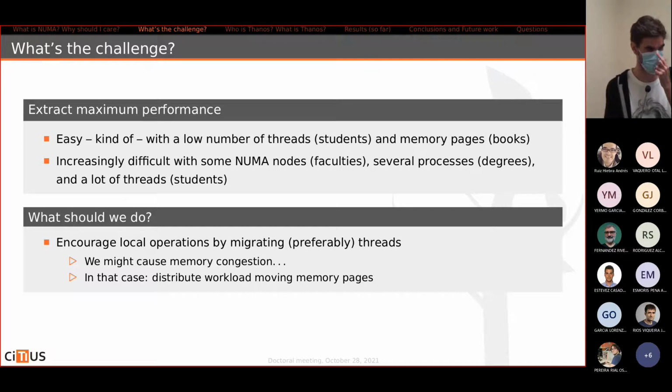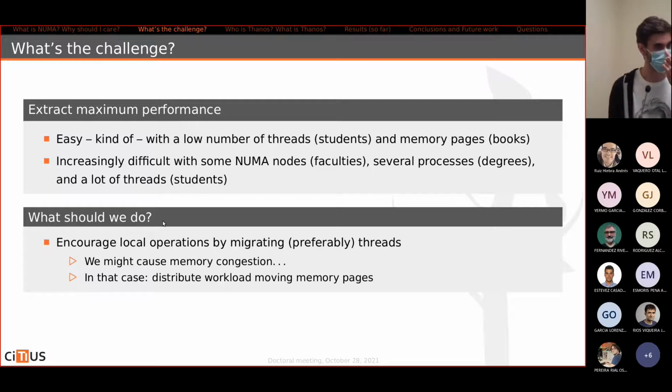And that is something that is kind of easy when we have a low number of threads and memory pages. But the complexity of the task increases exponentially with the number of NUMA nodes, the number of cores, the number of processes, threads, memory pages, and so on.